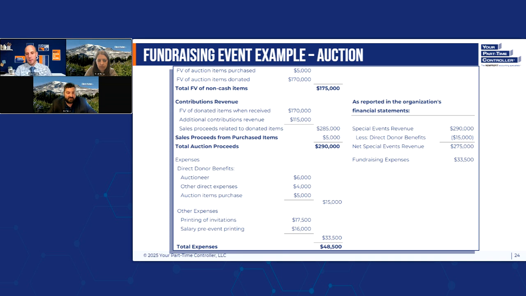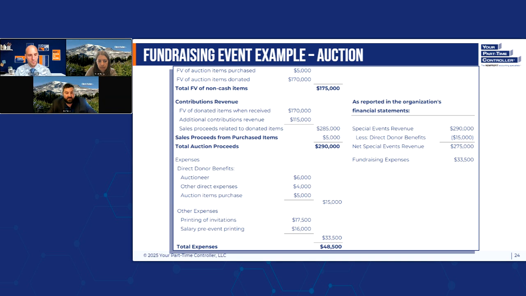So for the $170,000 of items in this example, the total sales proceeds was $285,000. So you're going to recognize an increase in that contribution amount of $115,000 to get it to its final auction price and the proceeds that were driven from there.